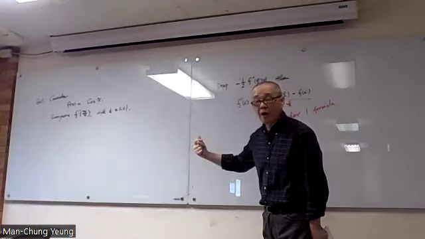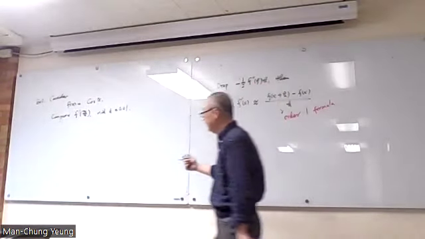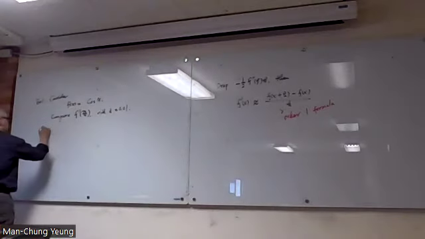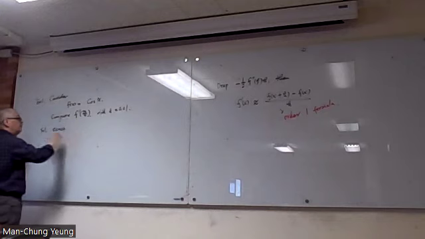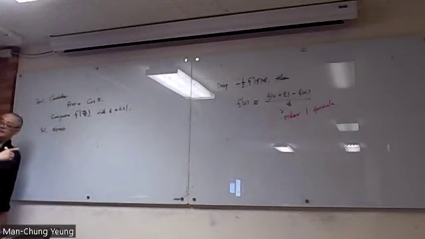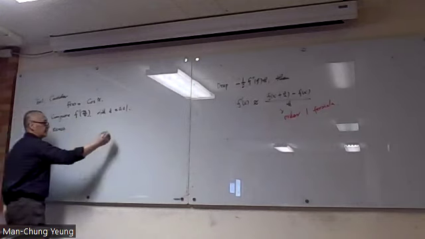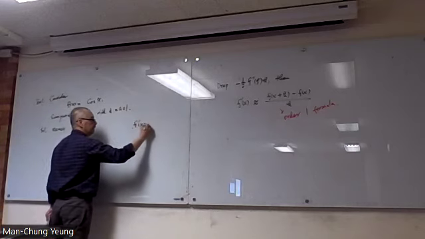The exact value of the derivative is easy to get. The derivative of cosine is negative sine.